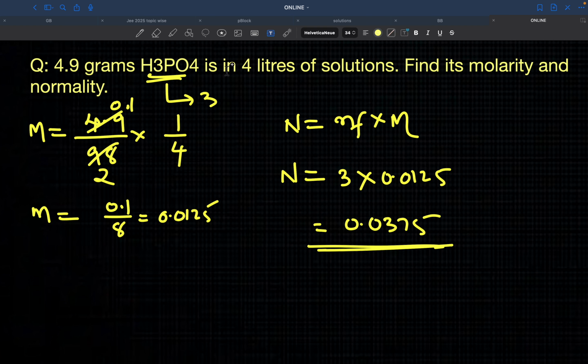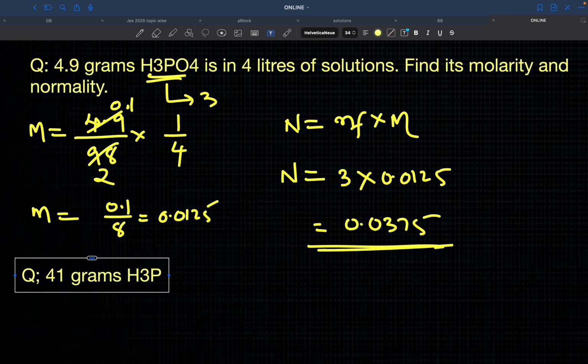Yeah, I'll give one more question. 41 grams of H3PO4 is in 10 liters of solution.